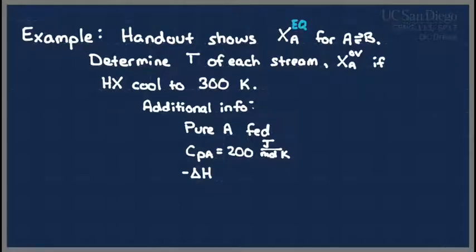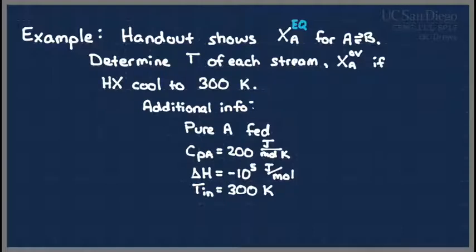And the enthalpy of reaction is minus 10 to the 5th joules per mole. That's not a minus in my notes, it's a dash. And your inlet temperature is the same as everything else. So this looks quite similar to that example that we had before.